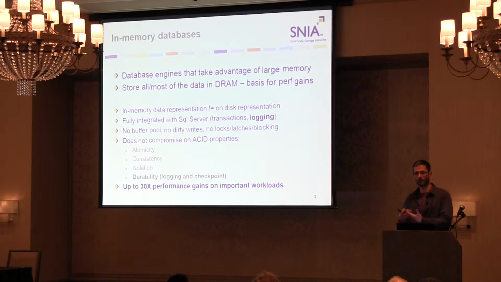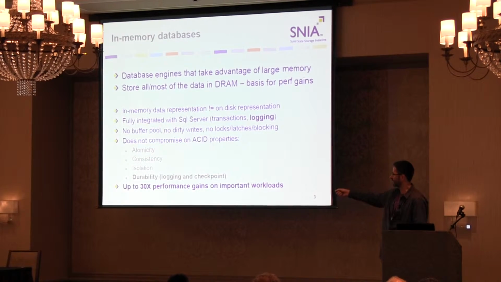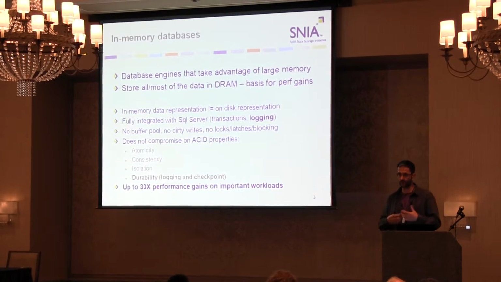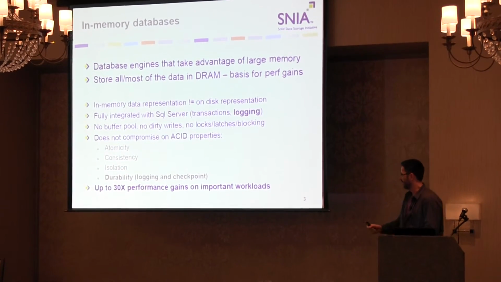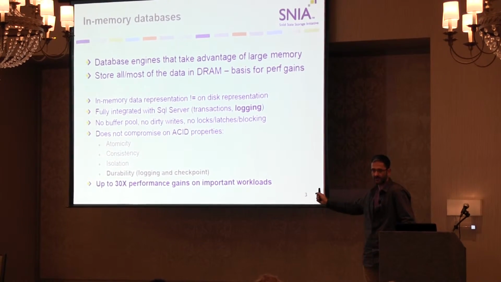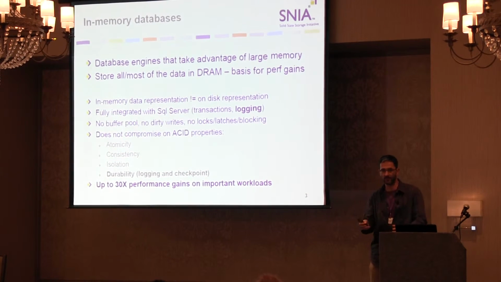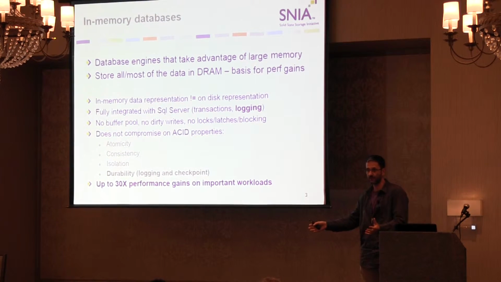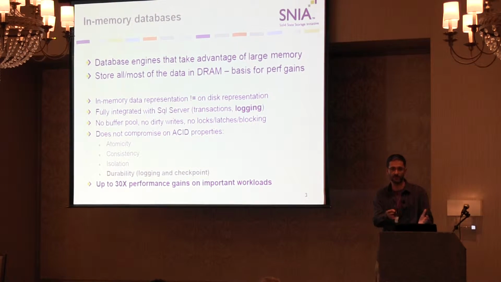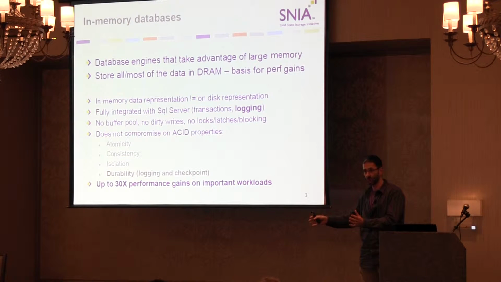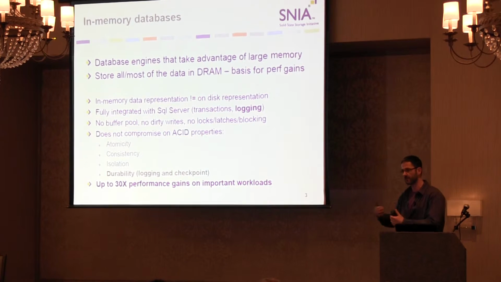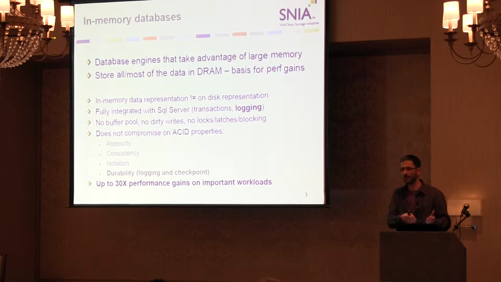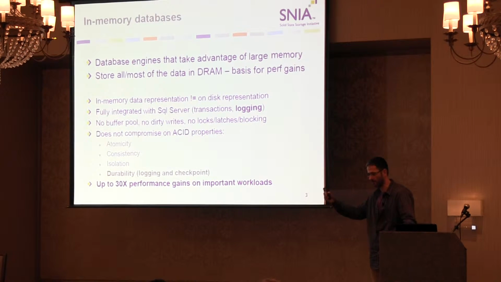In DRAM, for a significant class of workloads, we get 30 times better performance than a regular database. To put this in slightly different terms, if you were to compare simplistically CPU cycles, you have to run only 3% of the CPU cycles that a traditional store runs in order to get 30x performance difference. And that's oversimplifying because that's not actually what's happening. We get benefits from concurrency as well and whatnot.